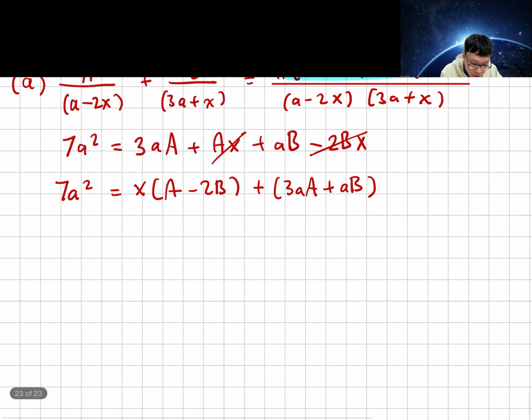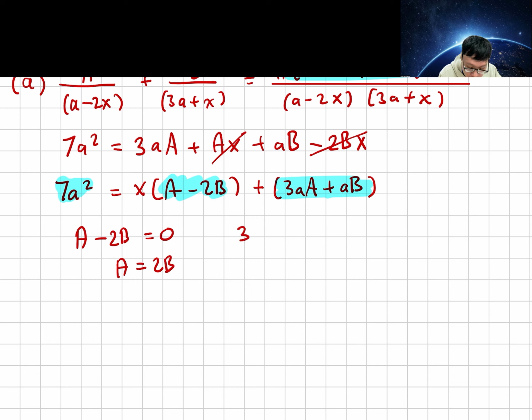As you can see, 7a squared is a constant because a is a positive constant, so we can compare with this. For the x term, it's 0 because we don't have x on the left side, so you get A minus 2B equals 0, A equals 2B. For the second one, we have 3aA plus aB equals 7a squared. Because we know that A is equal to 2B, we can substitute.